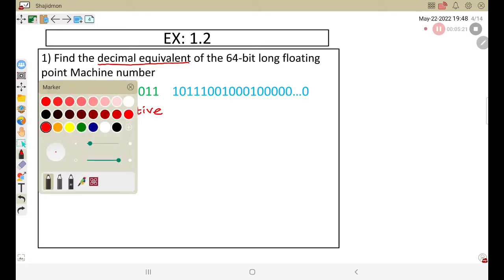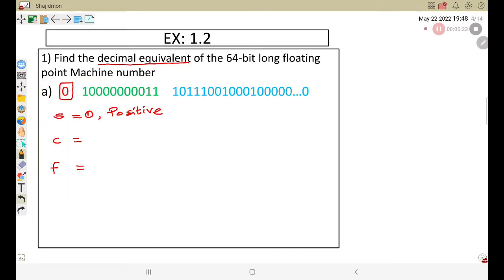I will explain here how to change the 11-bit part and the 52-bit part into a decimal number. You can see this 11-bit characteristic part first. First we mark the position of each bit. For the characteristic part we take this direction, starting from the first bit.